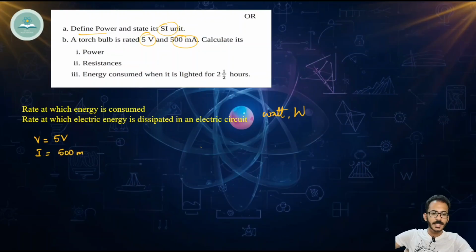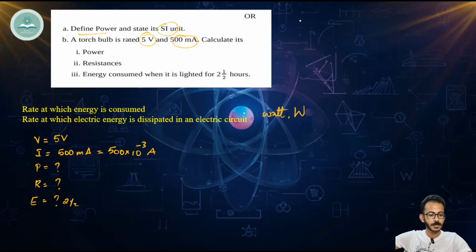We have to convert that to ampere, that is equal to 500 into 10 raised to minus 3 ampere. Now we will substitute the values. Power P is equal to what? We have to find out P. Then again we have to find out the resistance also. And the energy. How much of energy is dissipated in 2.5 hours.